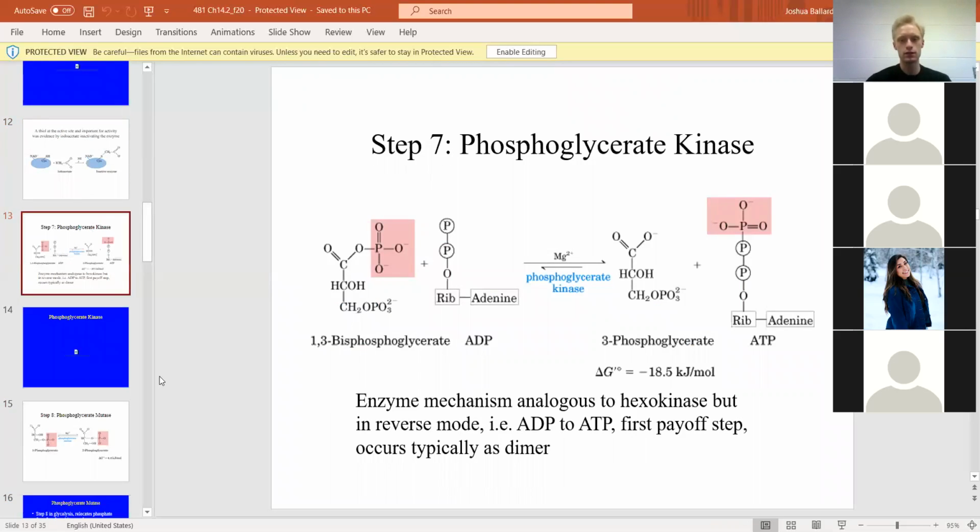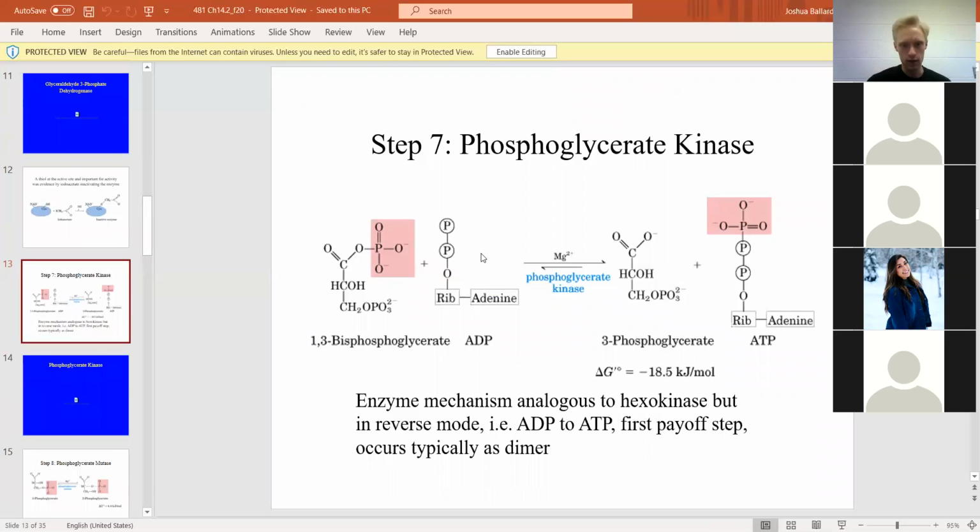Step 7, phosphoglycerate kinase. Once again, this is a reversible reaction, but it's more leading towards the creation of ATP. We have 1,3-bisphosphoglycerate, which is our product from step 6. And then it combines with ADP with phosphoglycerate kinase. Remember, we have kinase, so we're adding a phosphate group onto something. In this case, we're adding it onto this ADP to form ATP.